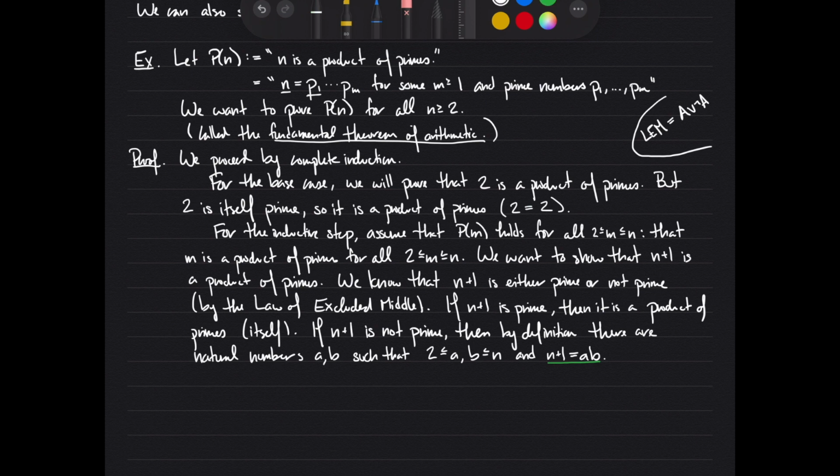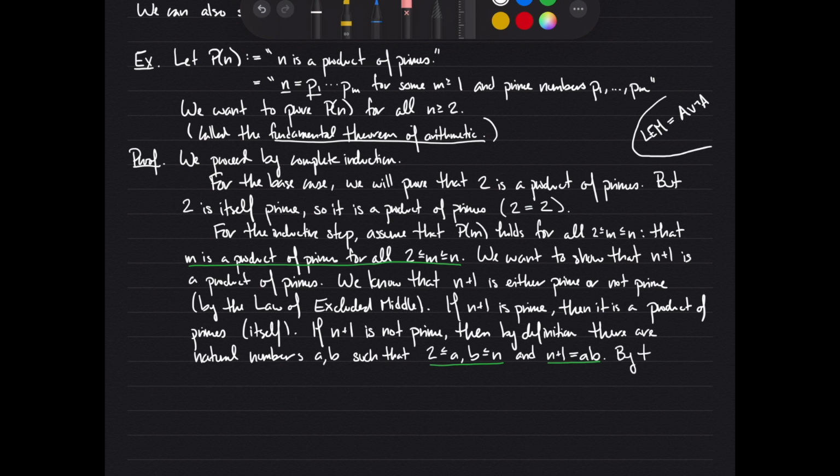But we do know from our inductive hypothesis that, since a is between 2 and n, a can be written as a product of primes. And the same is true for b, of course, because a and b are the same as far as we know. They might be the same. They have the same properties.